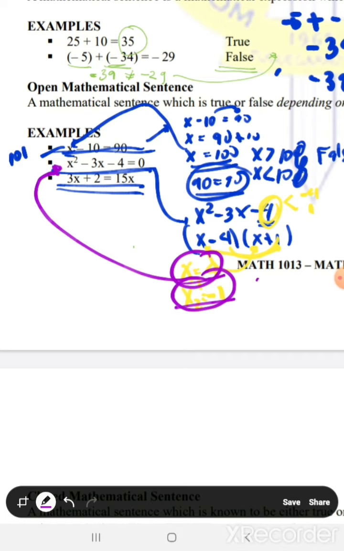But in a case wherein the problem is asking for a value greater than or lower than the value of x, it could give you the correct answer, which means the problem can be a false mathematical sentence. But if the mathematical sentence is asking you to give the true answer, then find the value of your x and y.